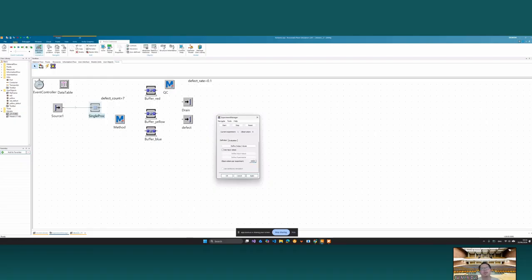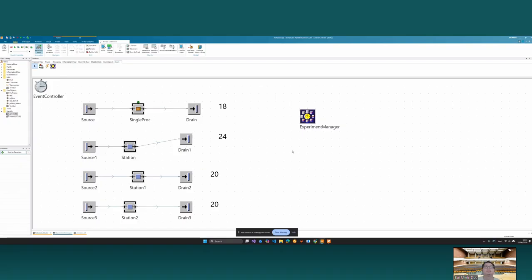Okay, for example, I can run here 1 billion simulation runs. Okay, 1 billion means 6 zeros, 1 2 3, 1 2 3. Apply. Okay, not this one, the other one, this one. The Experiment Manager, you are correct. Reset, and start the simulation.